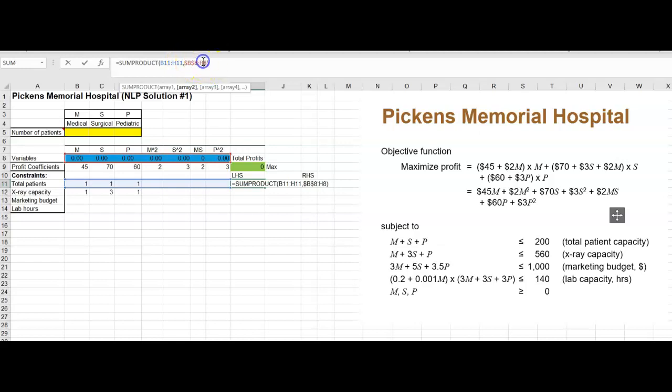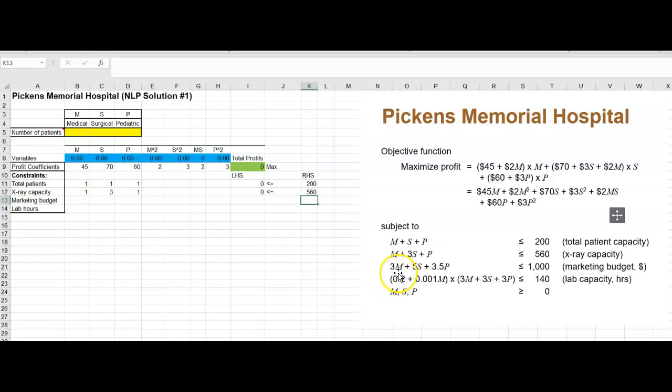So I'll press F4 for the blue cells so that they can remain constant, and I can just drag this down to cover my next constraint as well. And that needs to be less than or equal to 560. The same way, let's look at our marketing budget.